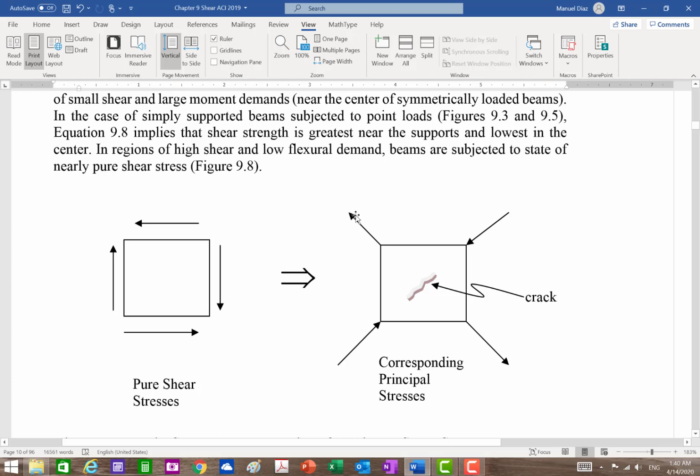That is your plane of maximum stresses, and you get tensile stresses. So in concrete, when you see a crack, it's not the shear, it's always a tension. The tension is perpendicular to the crack.